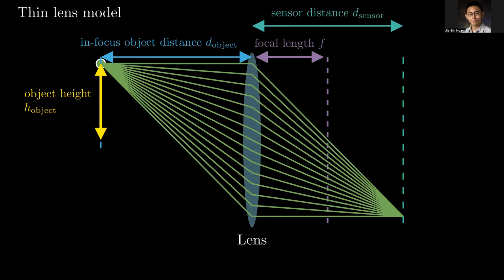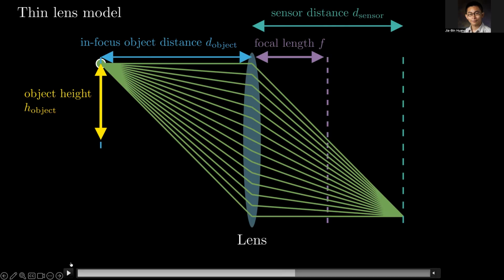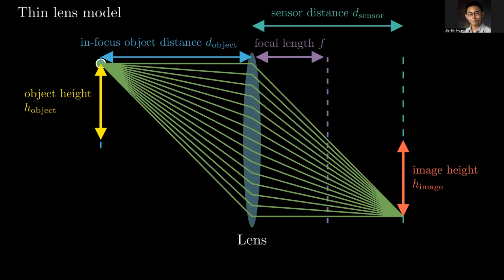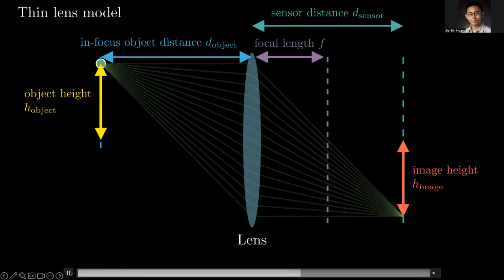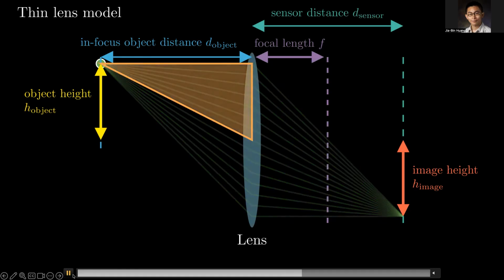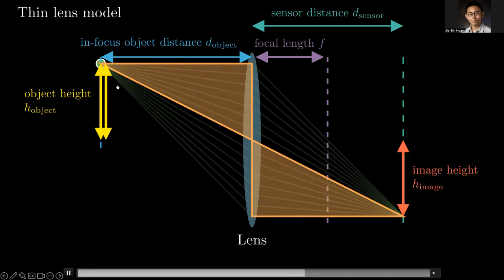There's some relationship here, some simple optics. You have an object height here, and this is going to be the image height. So you capture an object, like a tree here, and in the image you have an image height. What's the relationship between them? You have a similar triangle here.